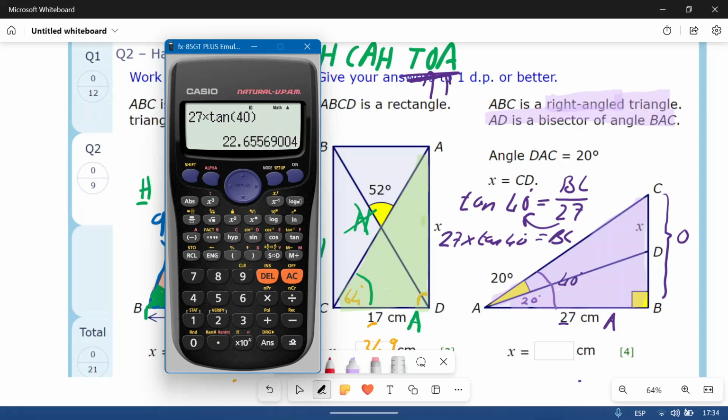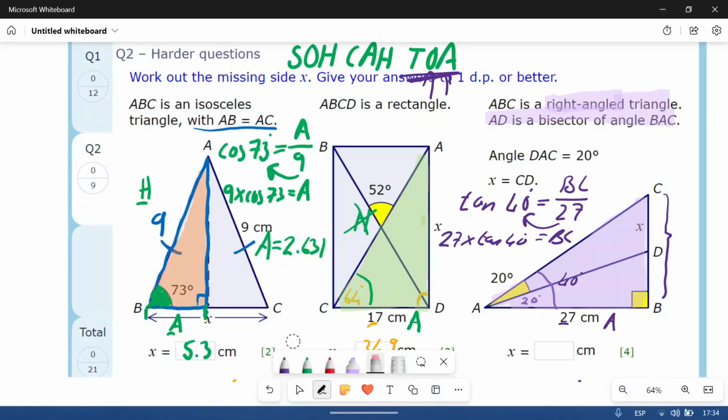That will be that whole length, BC. Let's write it in. The whole length, the opposite side, will be 22.655. I'm putting a bunch of digits because we're not rounding yet. So this is 22.655, all of it, not just X.